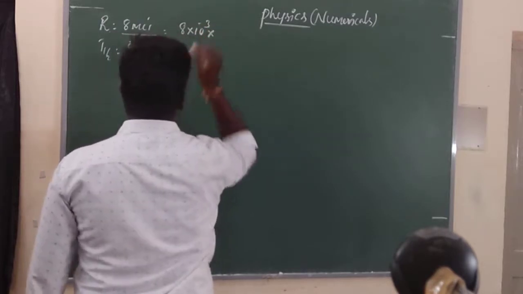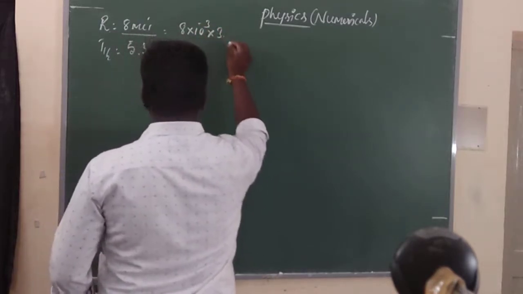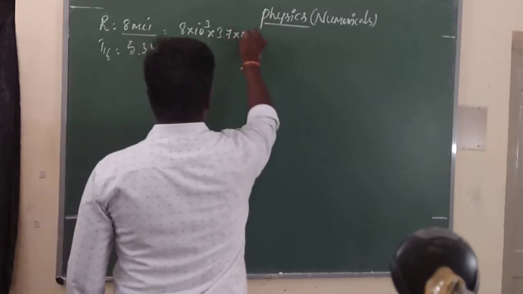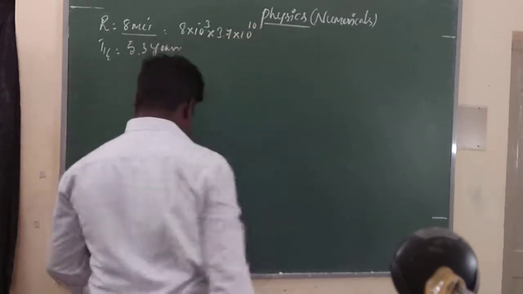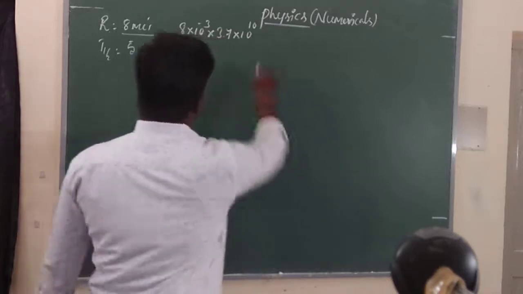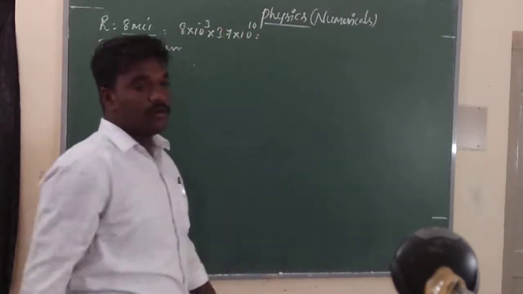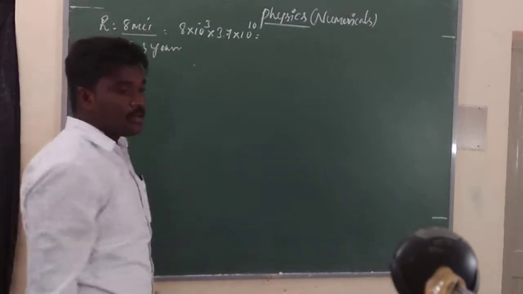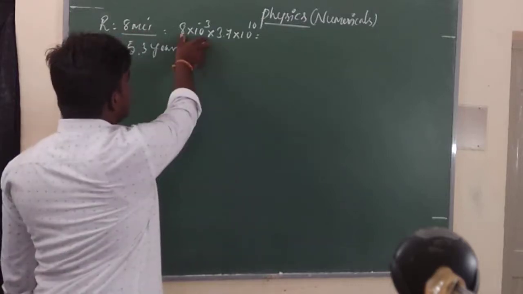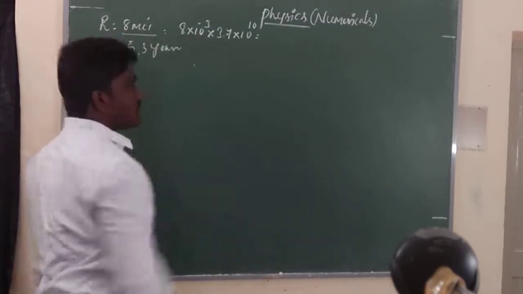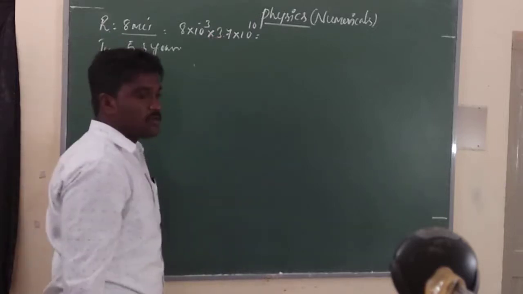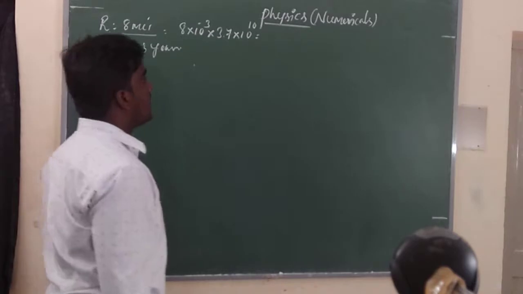Curie, what is the value of 1 curie? 1 curie is 3.7 into 10 to the power of 10.